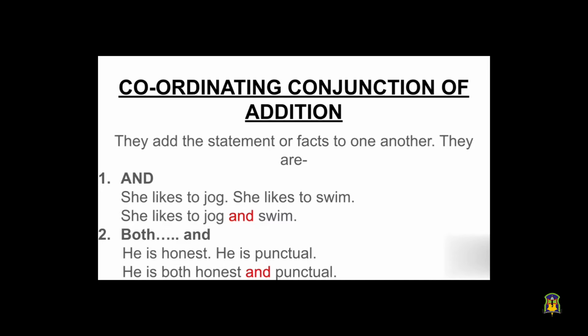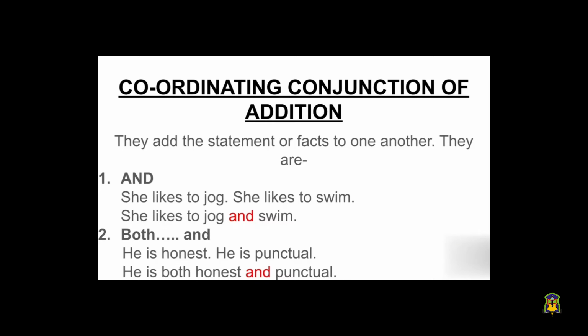Another coordinating conjunction is both and. He is honest, he is punctual. He is both honest and punctual. So both and we have used to connect two different sentences to make it a meaningful sentence.